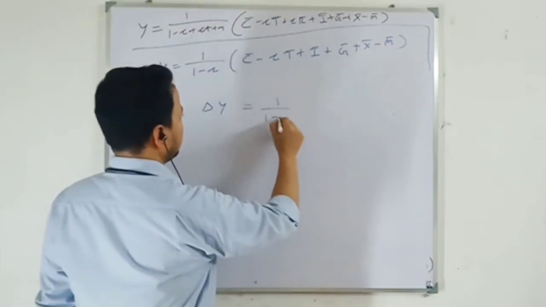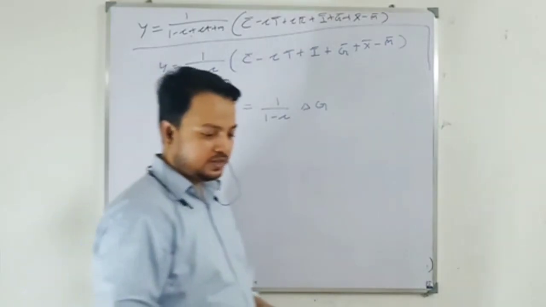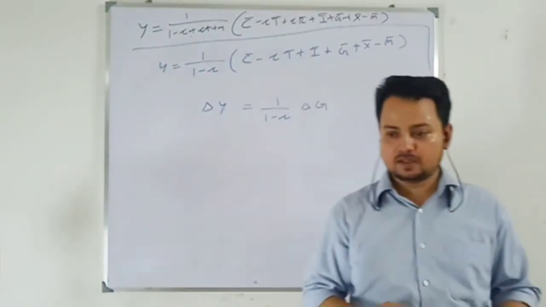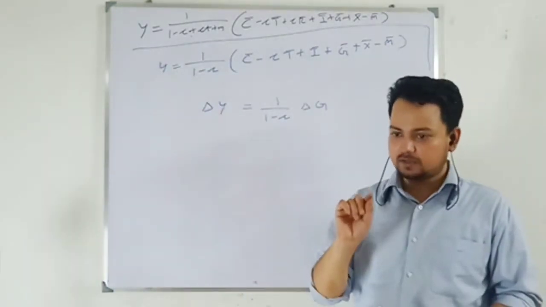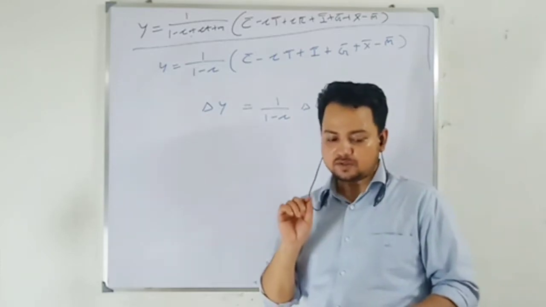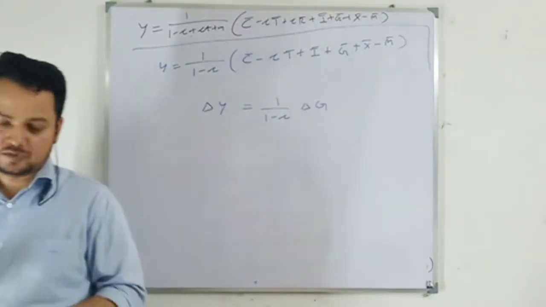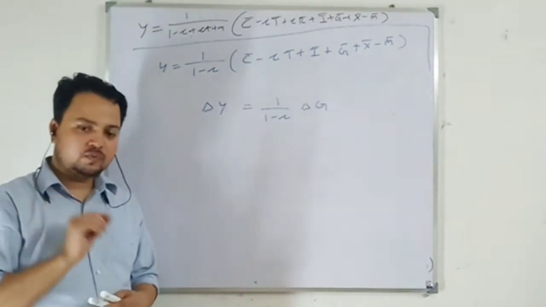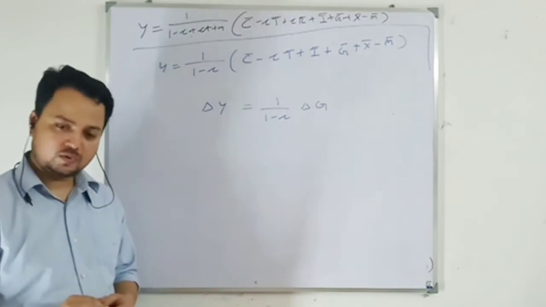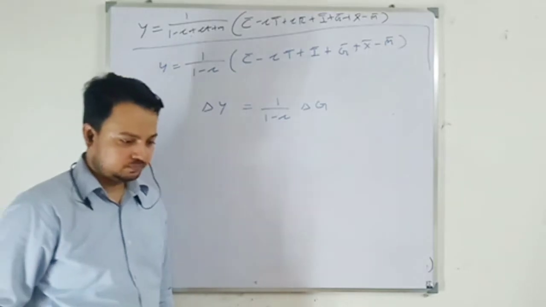Change in y equal to 1 over 1 minus c, change in g. Write this. Assuming that tax, you have written tax, and add one more thing: tax and import are not a function of income. Assuming that tax and import are not a function of income.